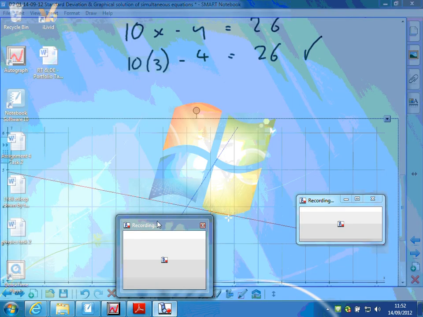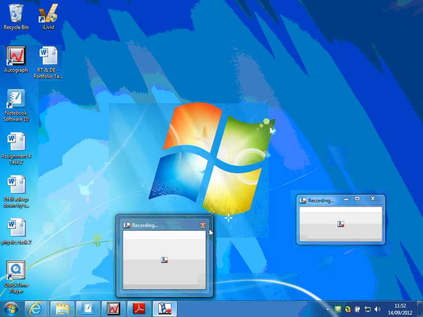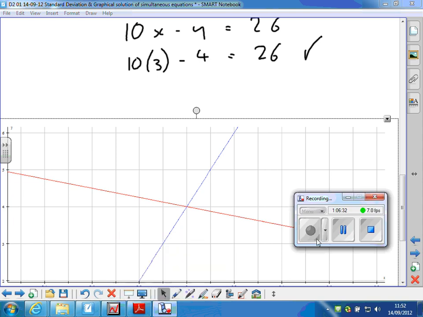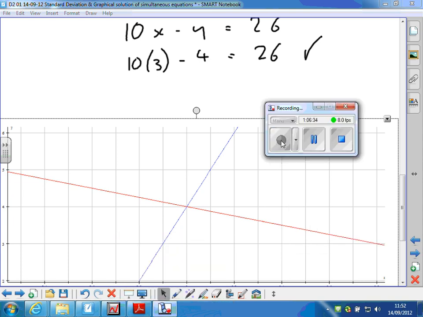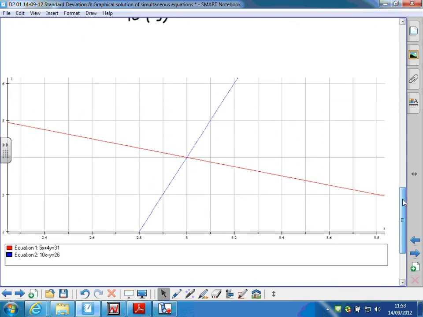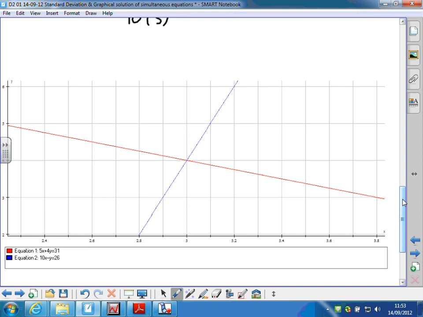What's going on here? So a graphical solution would be here, and we can zoom in and get the results. So we look down to get X, and across to get Y. And we have to zoom here.